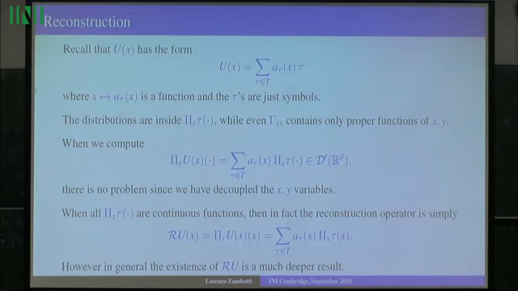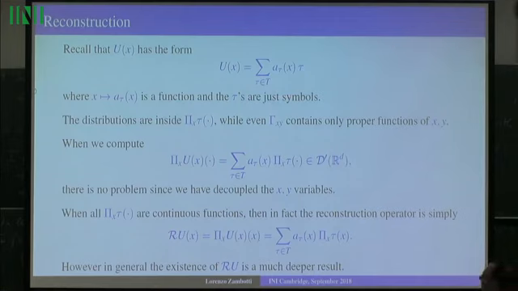So remember that U, this model distribution, has this expression. It's a sum of functions multiplied by symbols. So the coefficients are proper functions of x. They are not distributions of x. So here there is no distribution actually.